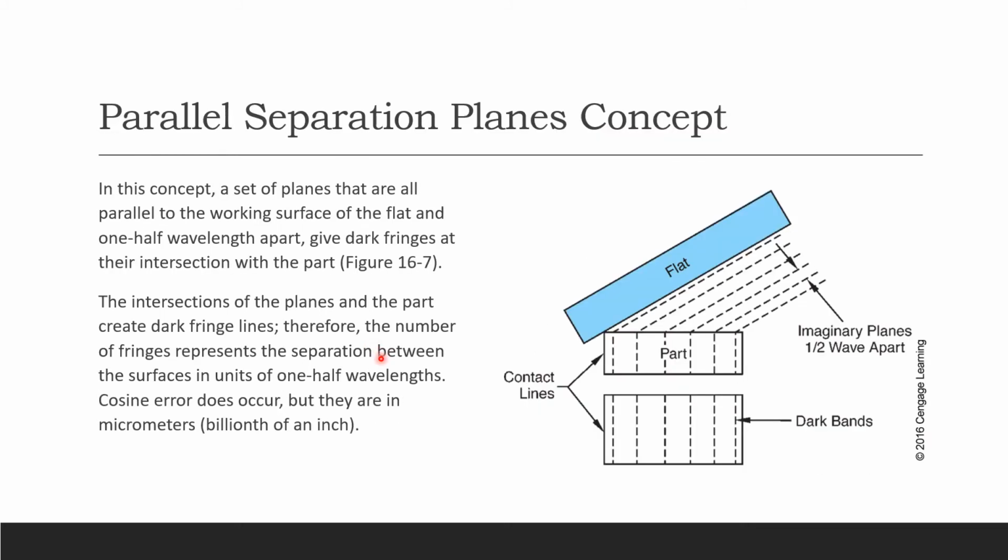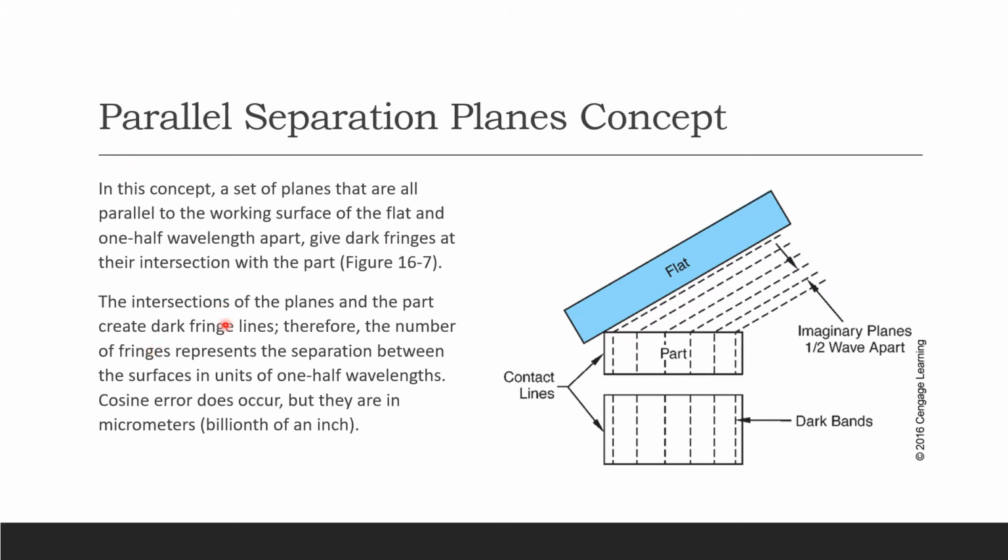Okay, the parallel separation plane concept, we use it to enhance the fringes. In this concept, a set of planes that are all parallel to the working surface of the flat and one half wavelength apart give us the dark fringes at their intersection with the part.